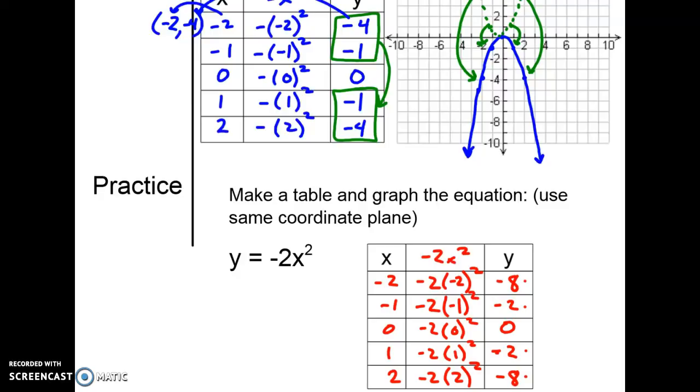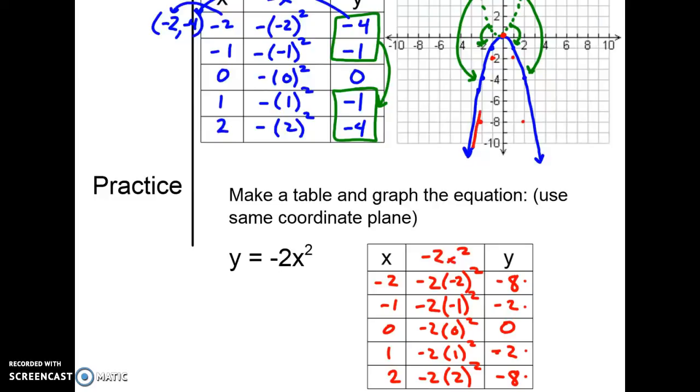We're going to plot those points on the same grid above, in a different color so you can see the difference. We have negative 2, negative 8, so we'll have a point there. Negative 1, negative 2. 0, 0, another point at the origin. 1, negative 2, and 2, negative 8.